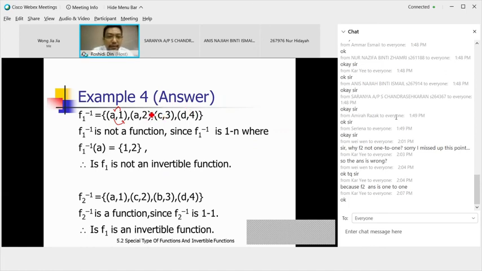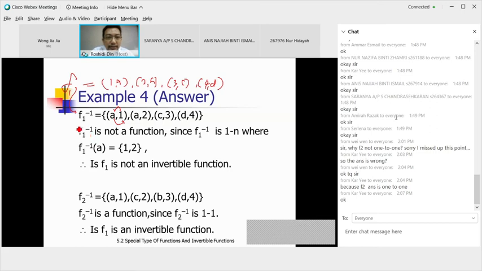Looking at the relation, previously it was 1A, 2A, 3C, 4D. When we invert F1, the inverse of the function will be like this answer.